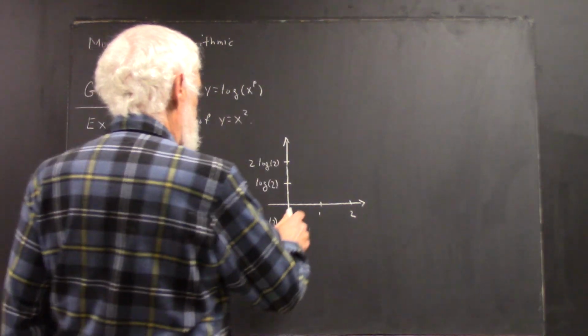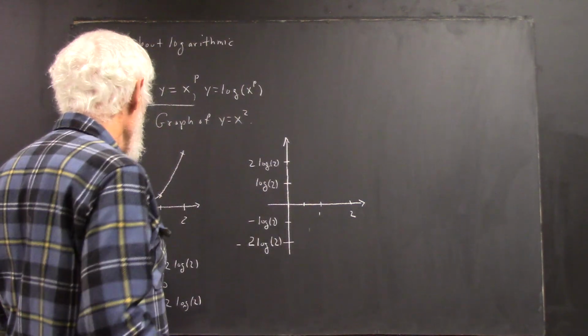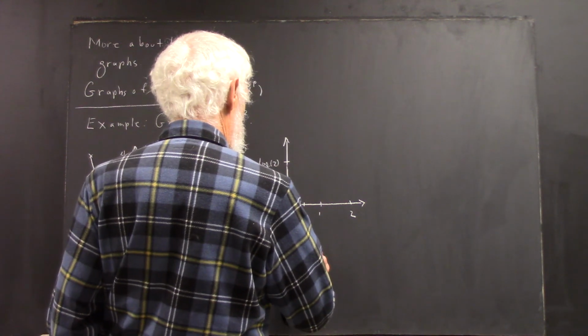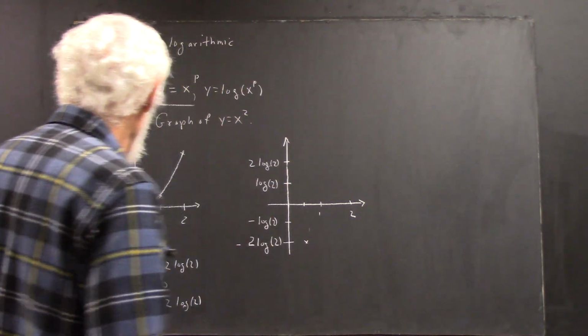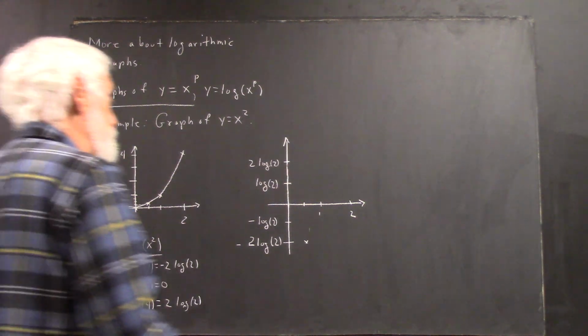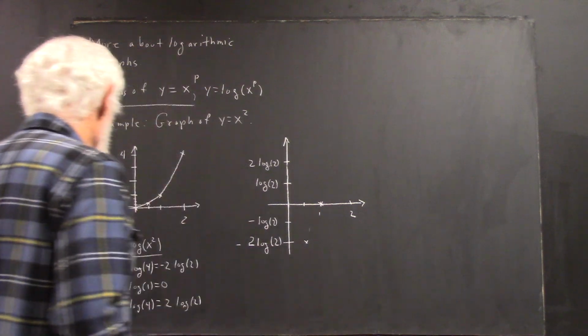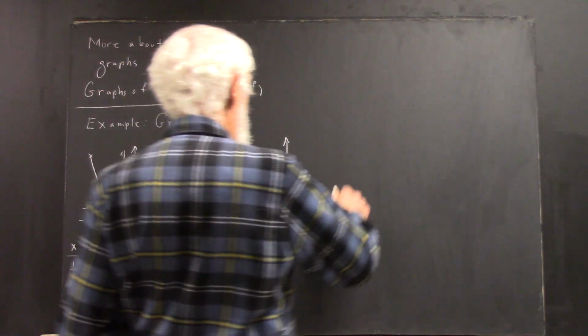So when x is 1/2, log of x squared is negative 2 log 2. That's going to be down here. When x is 1, we get 0. When x is 2, we get 2 log of 2.